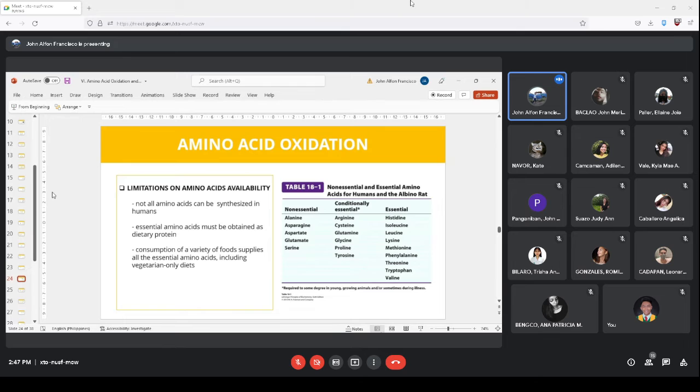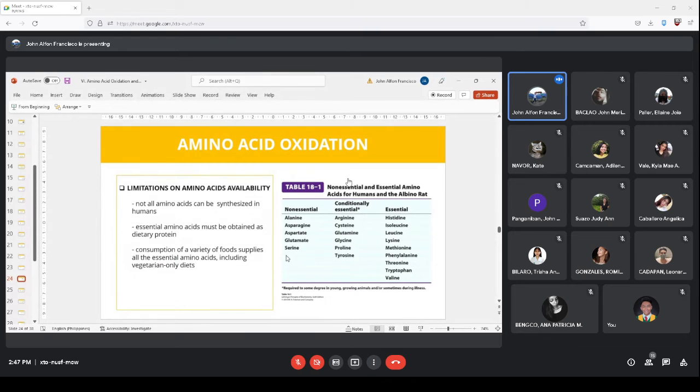Now, limitations on amino acid availability. Not all amino acids can be synthesized in humans, so some amino acids should be obtained in our diet. Consumption of a variety of foods supplies all the essential amino acids, including a vegetarian-only diet.